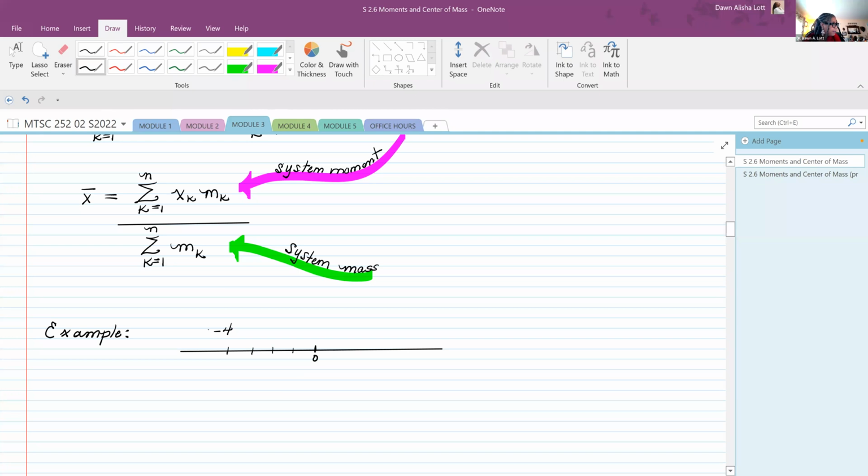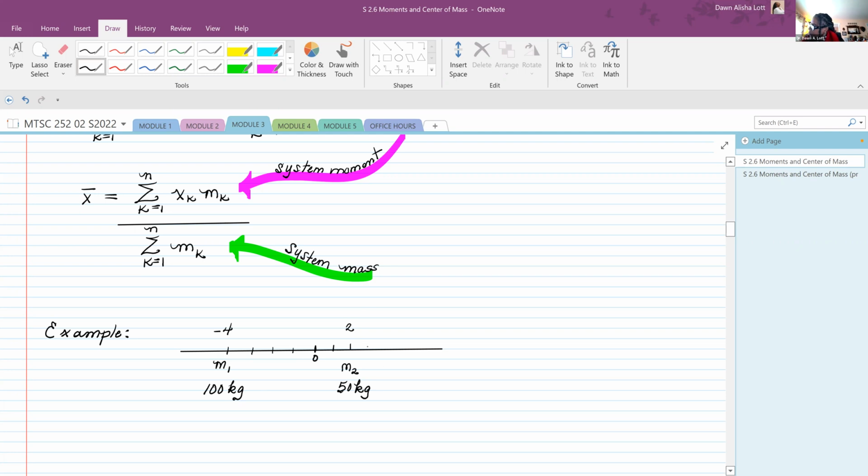I'm going to put a mass here, M1, and it is going to be 100 kilograms. And then I want to put a mass at 2. I'm going to call that M2, and it's going to be 50 kilograms.